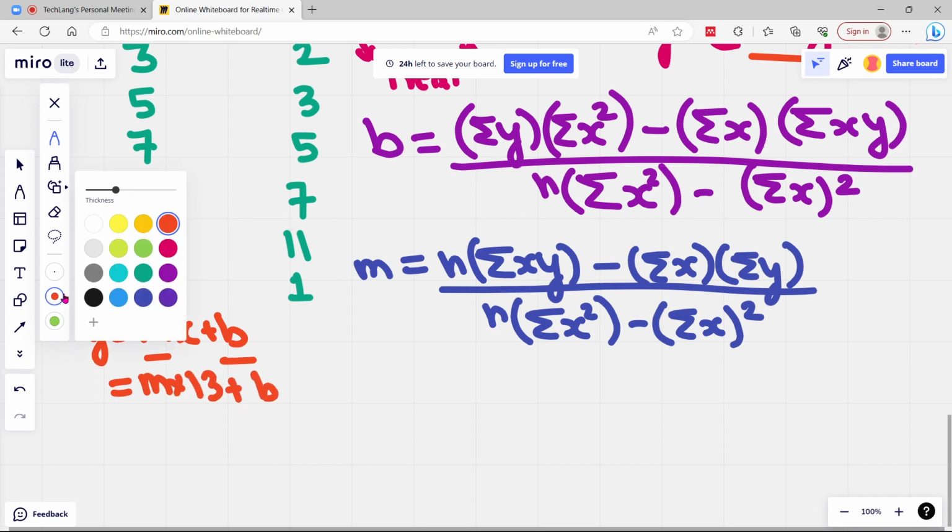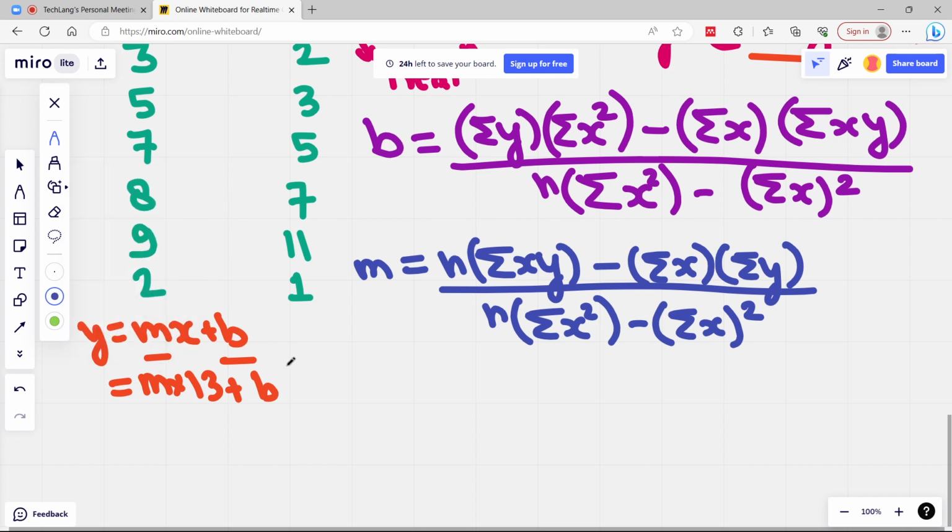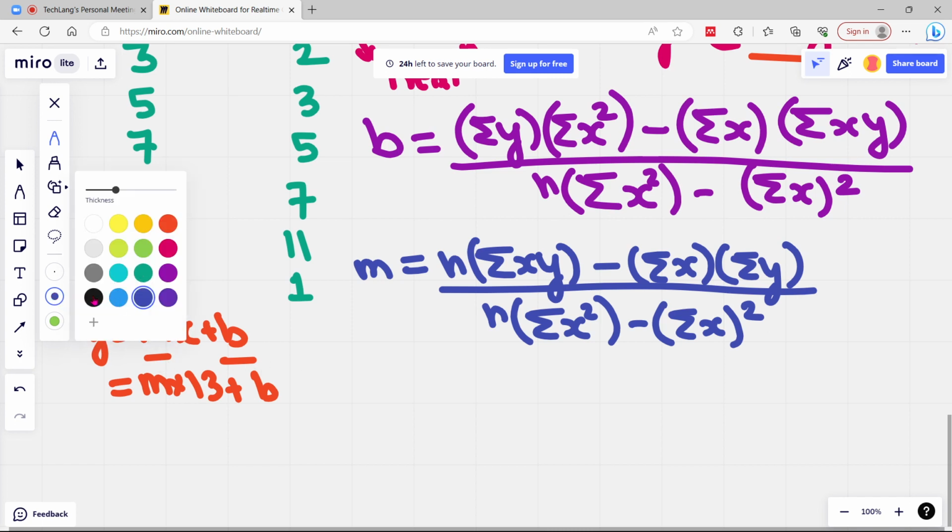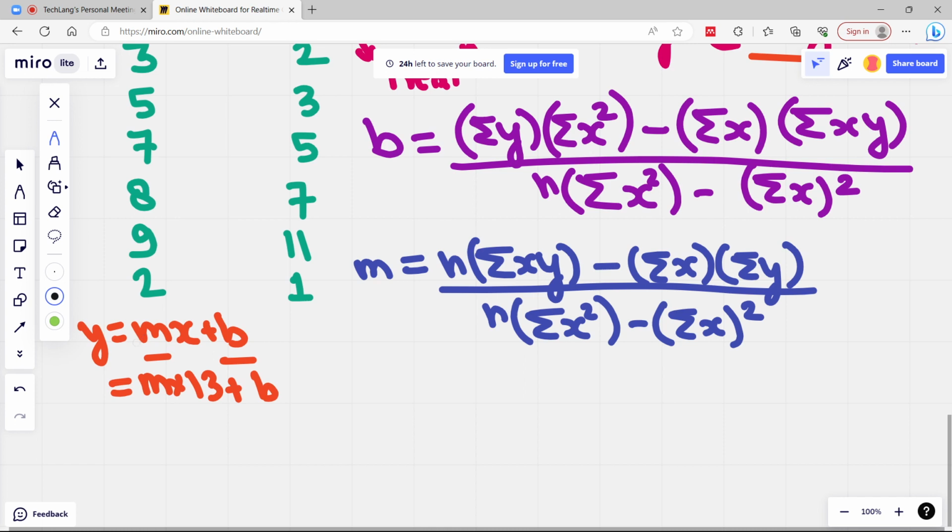But the question arises, what is the value of m and how to calculate the value of b? Did you get this question?